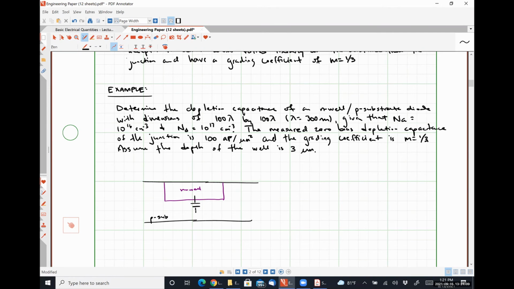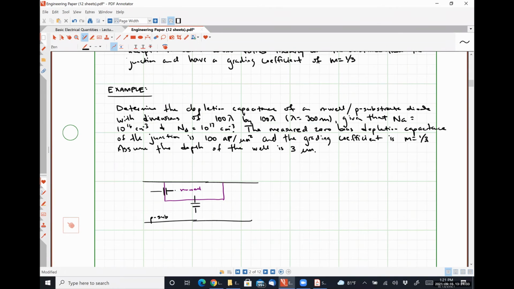But we can't forget about the sidewall capacitance as well, right? Because our N well structure is a 3-dimensional junction now, right? So it's not simply abutted against something with free space surrounding on all sides. So we have some sidewall capacitance as well that we need to take care of.